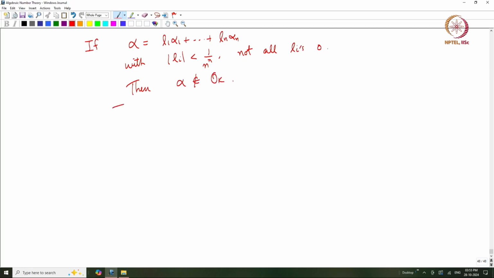Therefore, OK is discrete, right. That is what the definition of discrete is. You find a neighborhood around origin, so that 0 is the only point in that neighborhood. Okay. So, that proves our proposition.